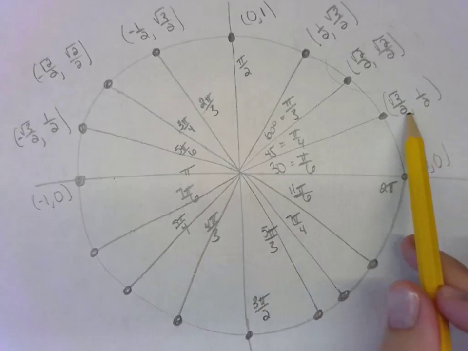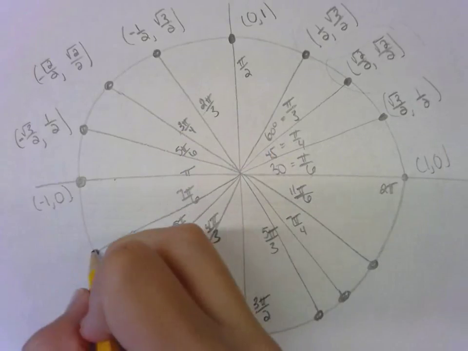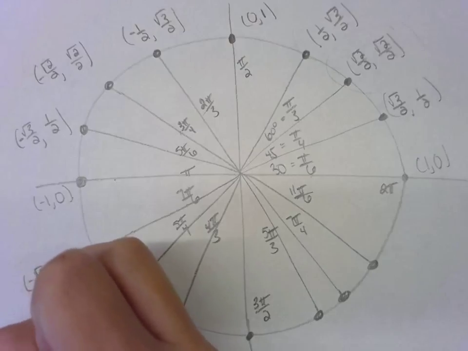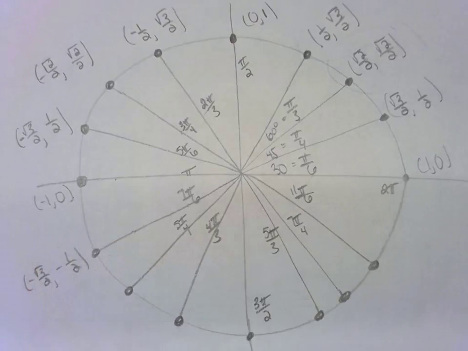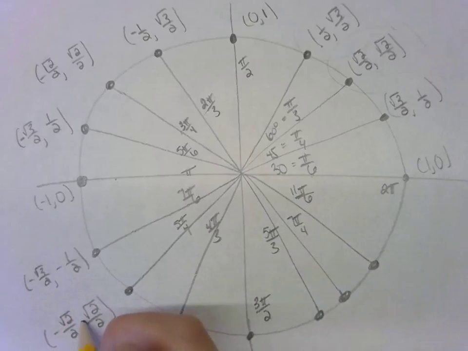So we're going to have this point, except we're in the third quadrant here, so they're both going to be negative. So negative square root of 3 over 2, negative 1/2. For 5 pi over 4, same denominator as the pi over 4, so it's going to be this point, except they'll both be negative.